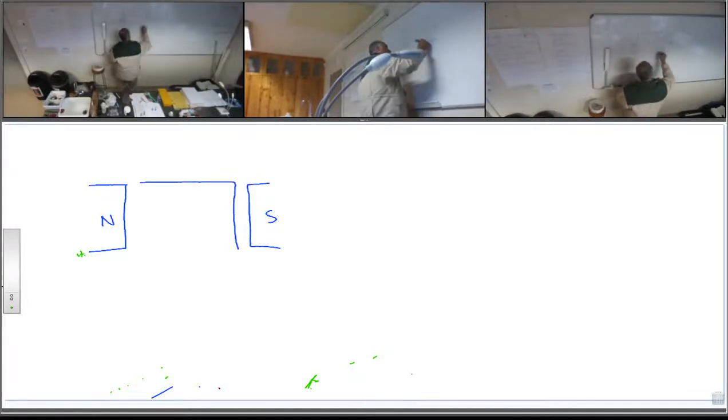Right, I'm going to draw a dynamo from the top, looking down at it. You'll have a north pole of a magnet. You'll have a south pole of a magnet. You'll have one coil, and I'm only going to draw one turn on that coil.